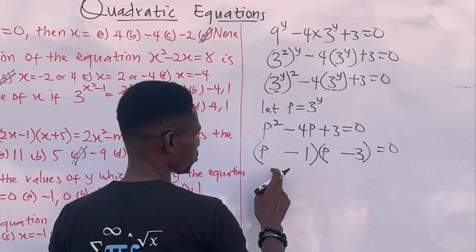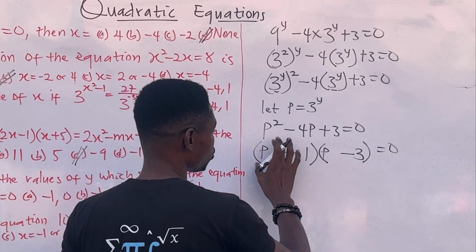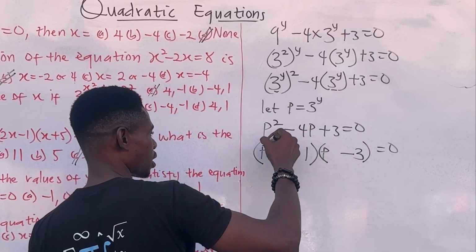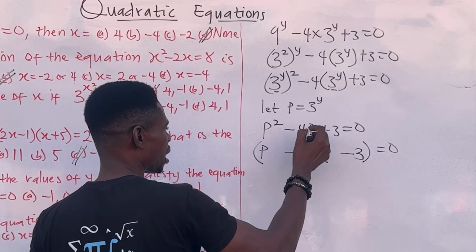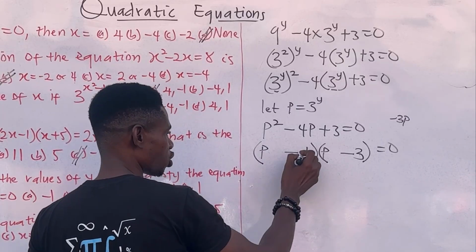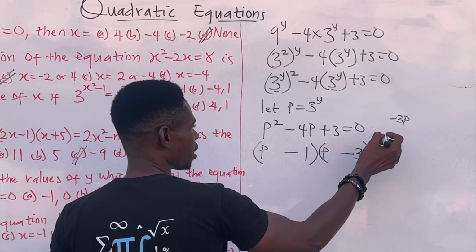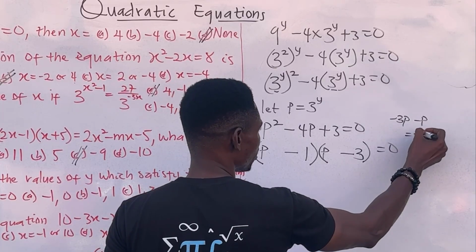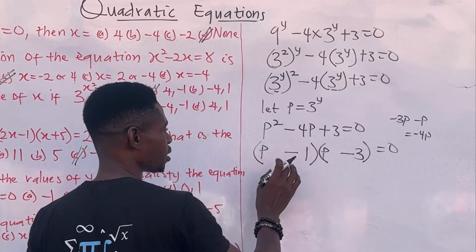Now let's do a quick test. Outer: p multiplied by minus 3, that's minus 3p. Inner: minus 1 multiplied by p, that's minus 1p. If you add them together, you have minus 4p. So it passes the test.